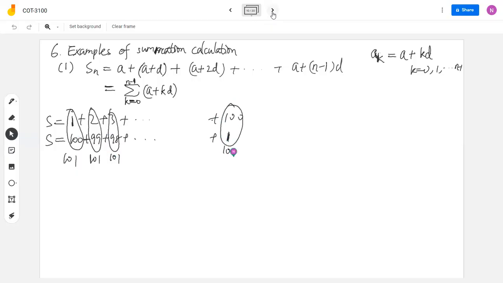So you always get 101. And how many terms do you have? You have 100 terms. So the total is 100 times 101. But now you are doing 2S, so 2S equals this.